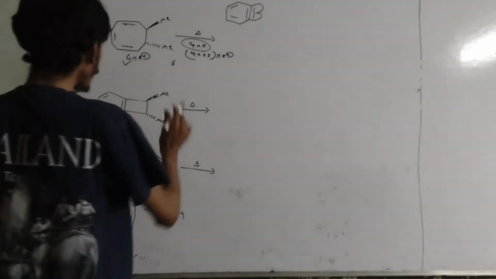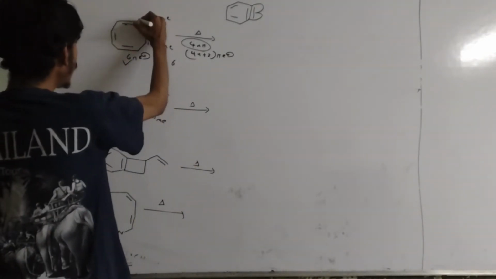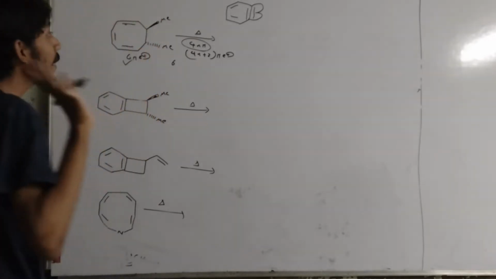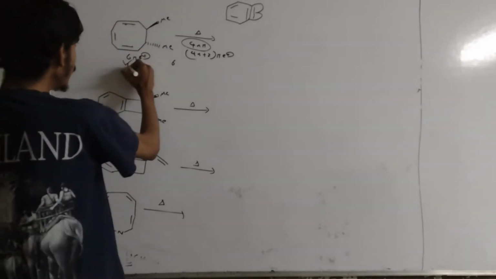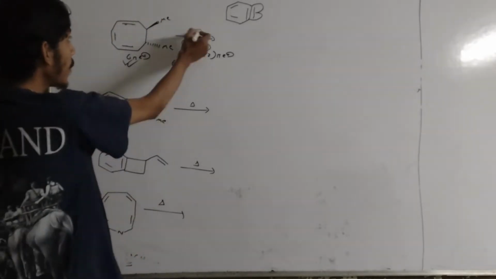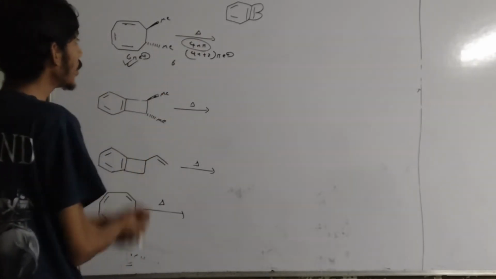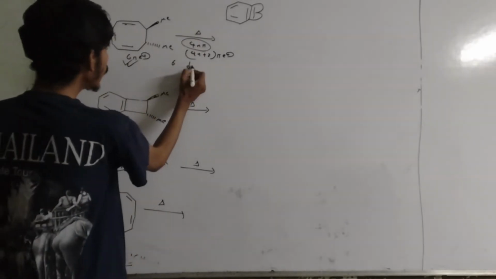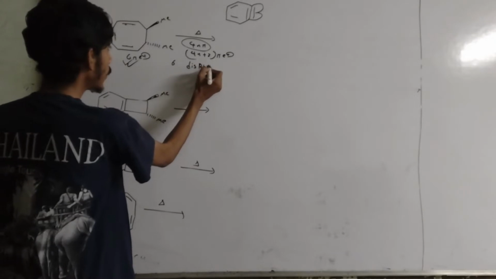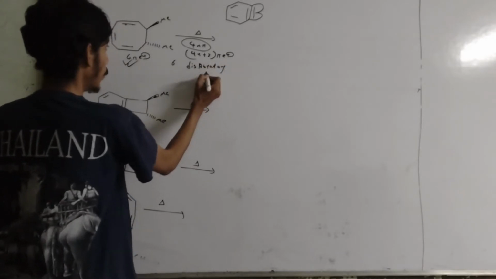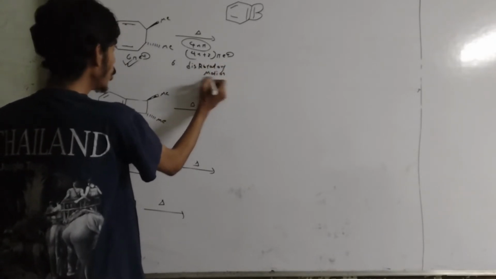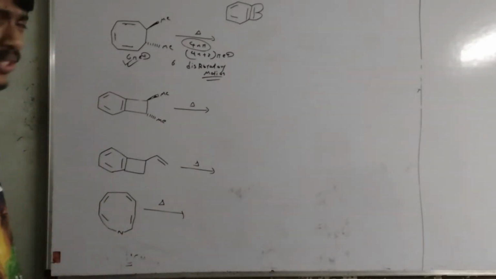Here the stereochemistry is very important. In the 6 pi electron system, when we apply the heating condition, the reaction occurs through dis-rotatory motion, and in this rotatory motion the stereochemistry remains the same, no change.